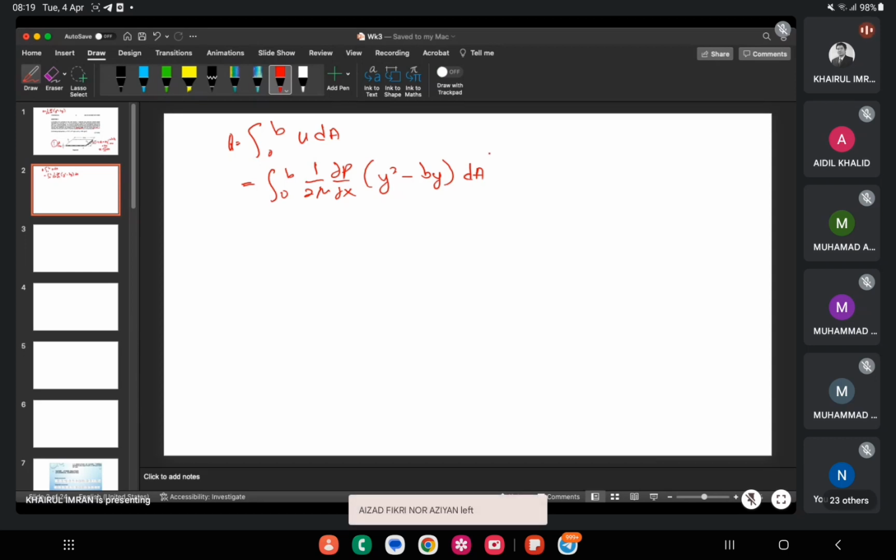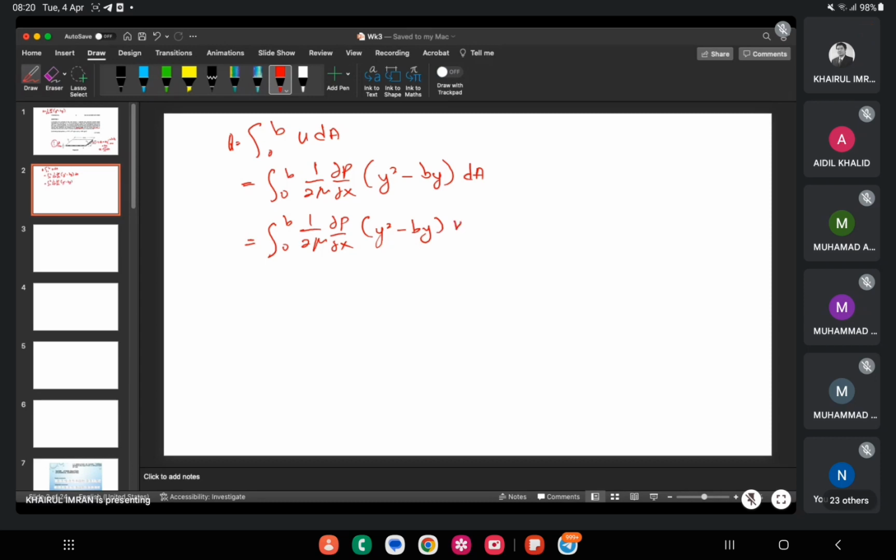So why do we do this, the change of area? Basically what we want is to change this in terms of dy. Okay, 1 over 2 mu del P over del X, Y squared minus BY, W dy.